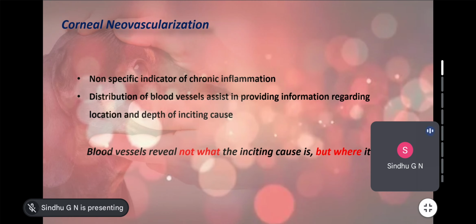So corneal neovascularization is a non-specific indicator of chronic inflammation. So seeing the distribution of blood vessels, we can assess the location and depth of the inciting cause. So the blood vessels reveal where the lesion is, not what the lesion is.